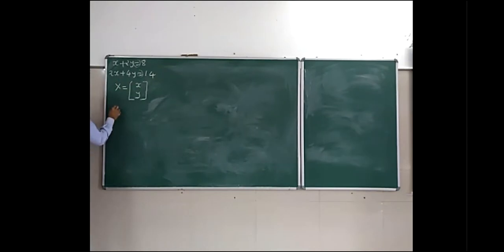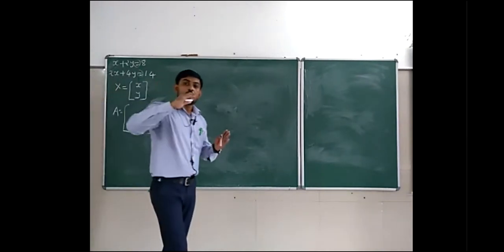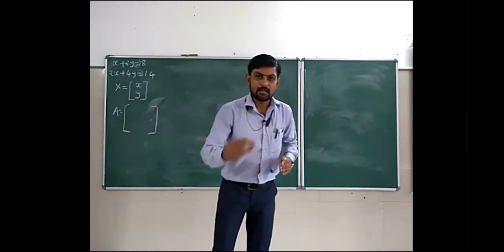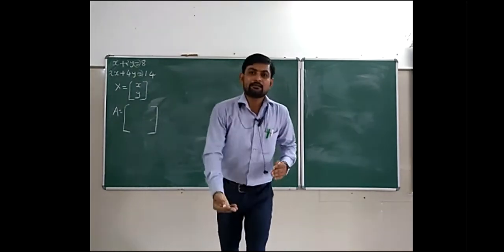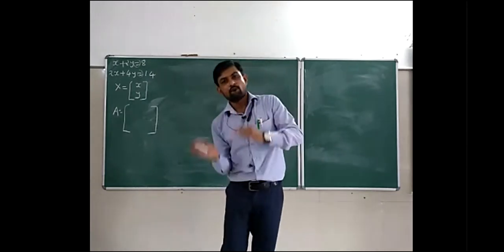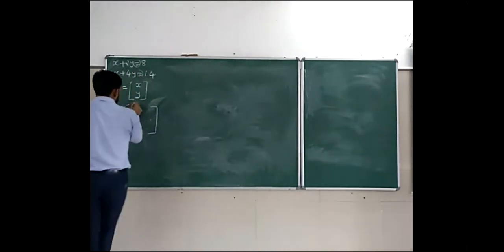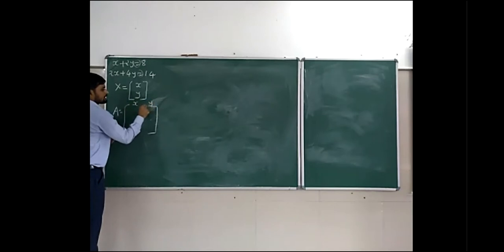Then we'll find A. What is A? A is a coefficient matrix. Again, I am repeating, A is the coefficient matrix of variable x and variable y. So here we'll write variable x, here we'll write variable y.